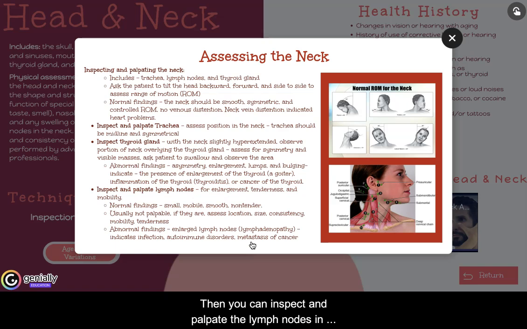Then you can inspect and palpate the lymph nodes in the neck for enlargement, tenderness, mobility. Normal findings are small, mobile, smooth, non-tender nodes, usually not palpable. If they are, assess the location, size, consistency, mobility, and tenderness. Usually they're not swollen, so you're not going to feel those bulges, right?